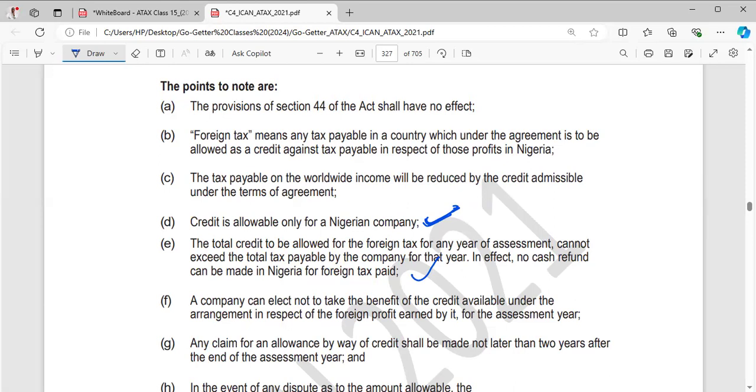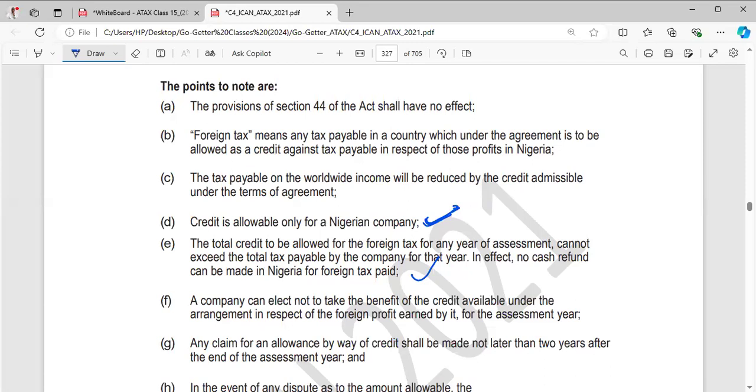So Nigeria cannot give you cash refund. The highest Nigeria can do is say, okay, don't pay any tax. But you cannot claim something that is higher than the total tax you are paying.